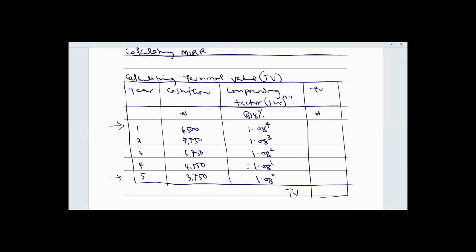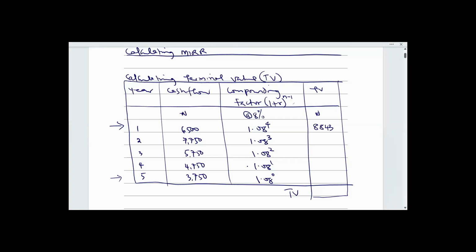So from my calculator, 1.08 raised to power 4 equal, whatever you have in your calculator, then you multiply with the cash flow, multiply by 6,500 equal, that's 8,843. Here is 8,843.